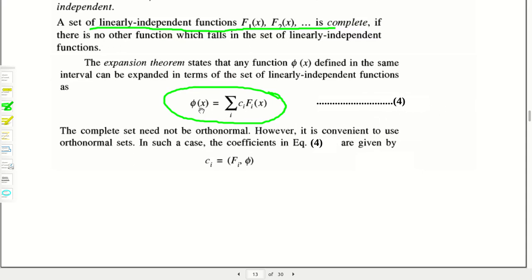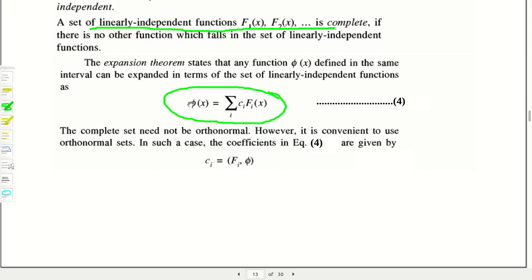How? Take the inner product of both sides with phi. So phi comma phi will be, within the sum, ci fi comma fi. So fi comma fi is your delta ii, that means the sum will vanish and ci will be left on the right hand side.